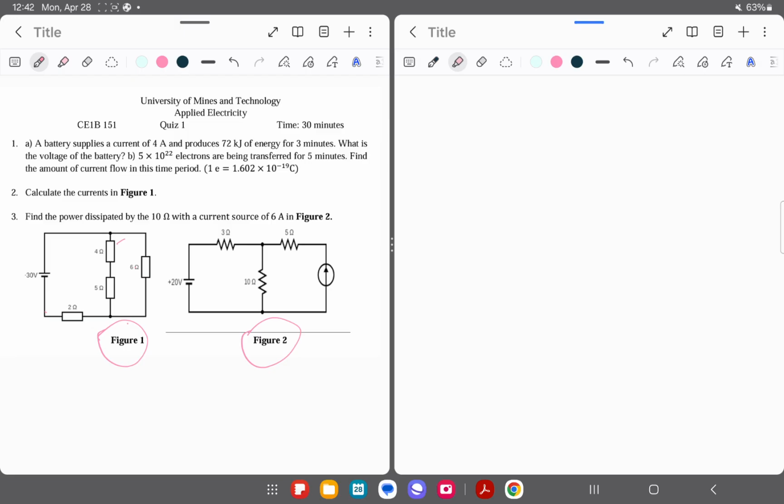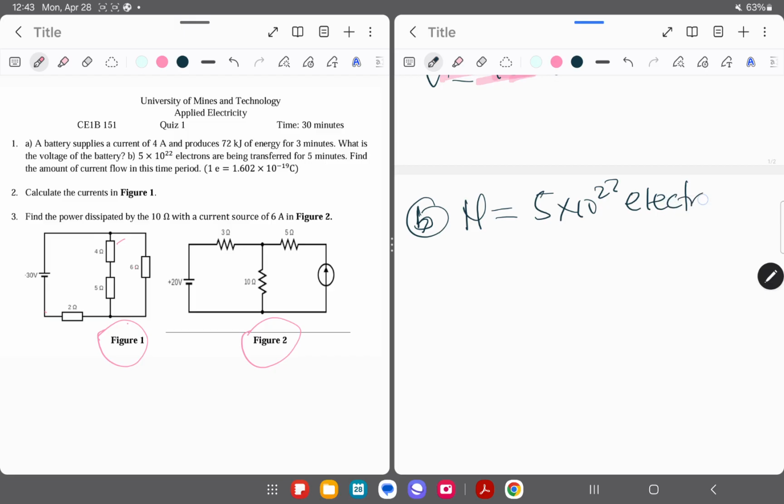So I have question 1b. Here we have 5 times 10 to the power of 22 electrons being transferred for 5 minutes. So we have the number of electrons here, 5 times 10 to the power of 22 electrons, right?